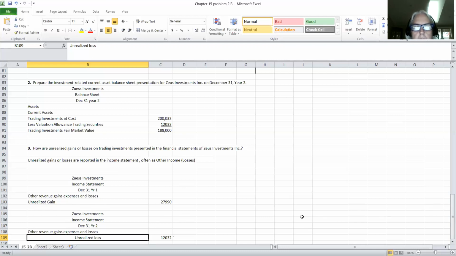Dividend revenue would be added to the gains, and then it would be added back to income from operations to get the net income on the income statement. In this situation, our other revenue could consist of dividend revenue for year 2, as well as the unrealized loss. In that case, we would combine the revenue and the loss together and net them out, and whatever the net amount is, we would either add or subtract that to our income from operations on the income statement.